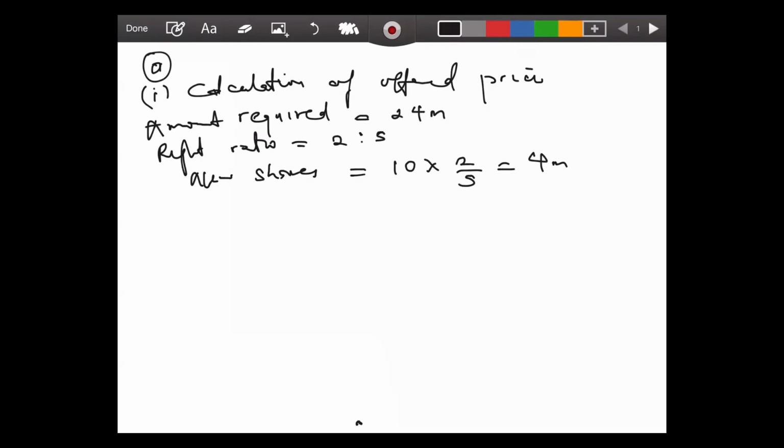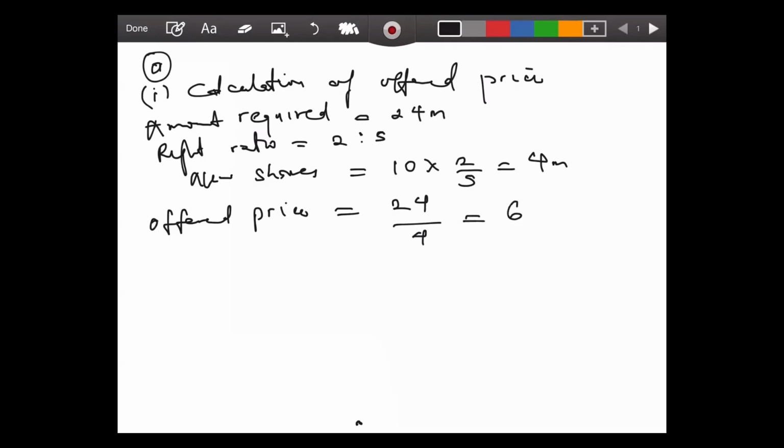So at how much will these shares be sold to raise 24 million? So the offer price will now be equal to 24 over 4.